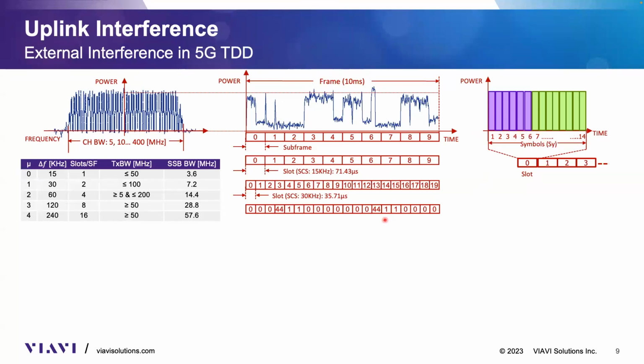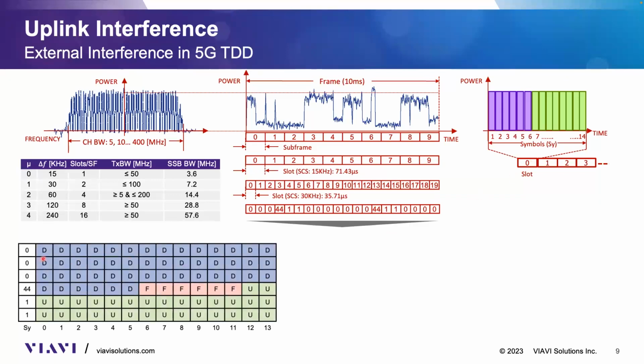So that's basically how a physical resource block is also constructed. But so we have 14 symbols. So what does this really mean? This means that actually the frame configuration is not based on a slot, but is based on symbol. For example, let's look at the first frame type, which is 0. This one happens to be that all the symbols are downlink.